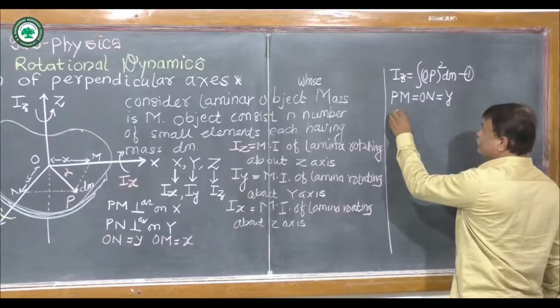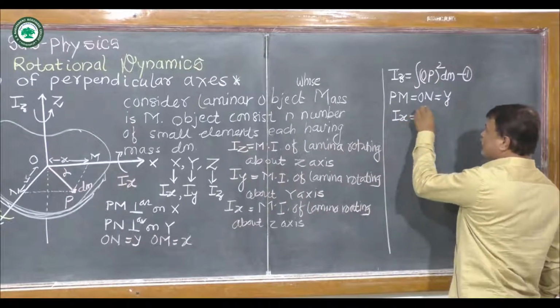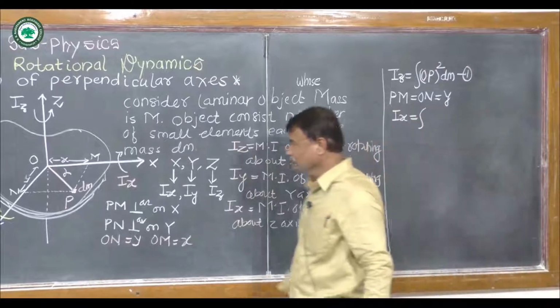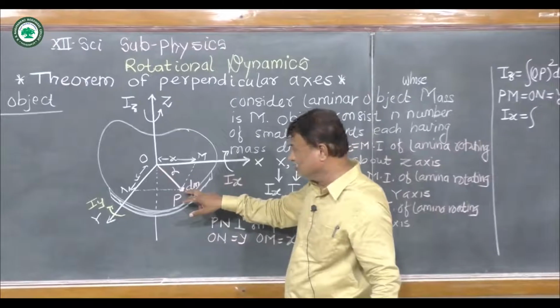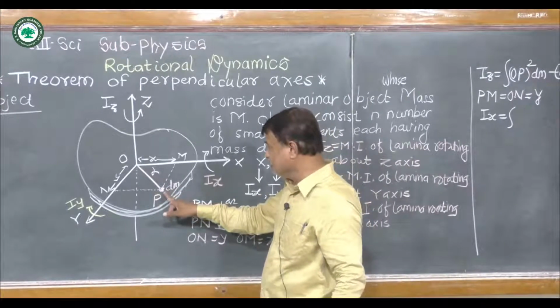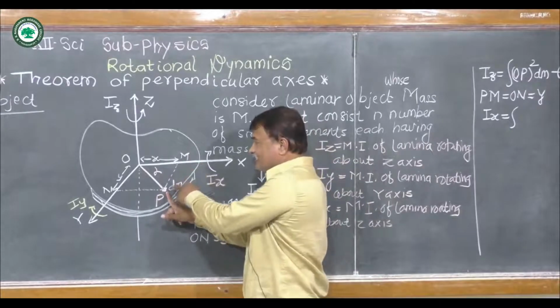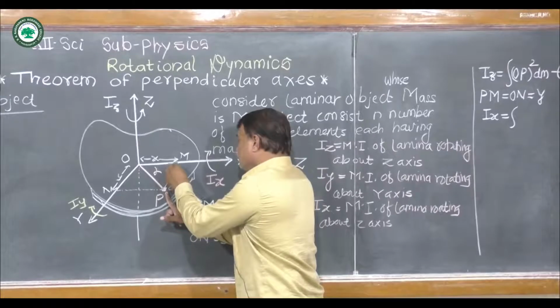Now we find out Ix. So Ix is equal to integration of, if a particle or small element is situated at point P, then its distance from the x-axis is given by Pm, and that Pm is also equal to small y.